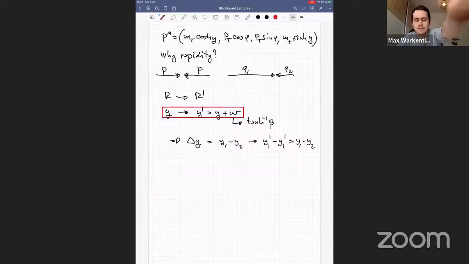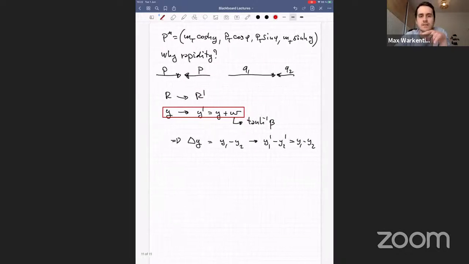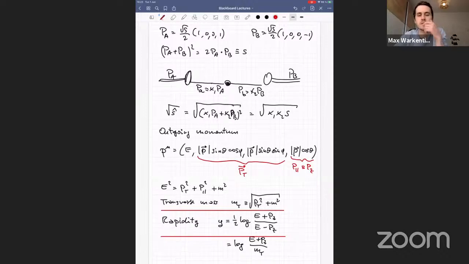Yeah. Hello. Can I ask a question about one expression on the previous slide? When you define this p small a equals, for instance, x1 times p capital A, these p's are for momenta, right? It is a four momentum, yes. But why is it so obvious that this spatial momentum scales in the same way, with the same x1, as the energy of the quark in relation to the proton?